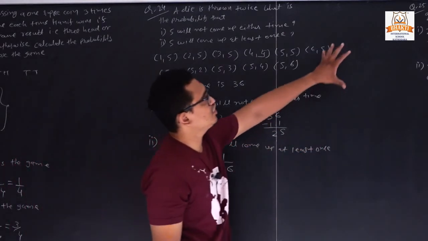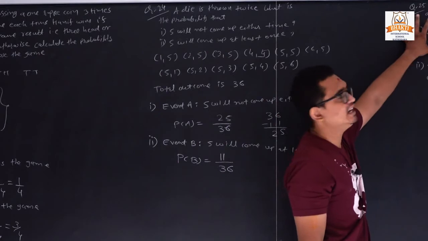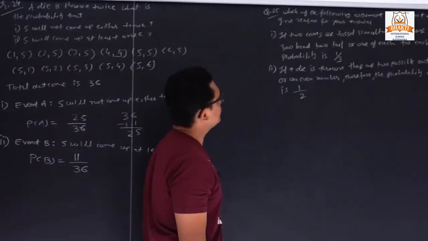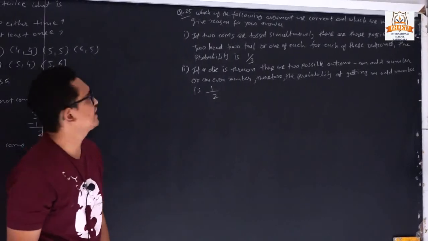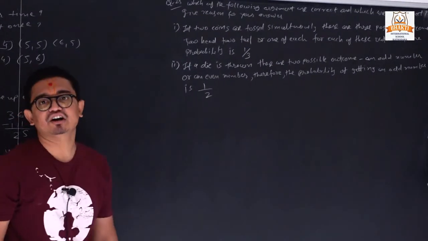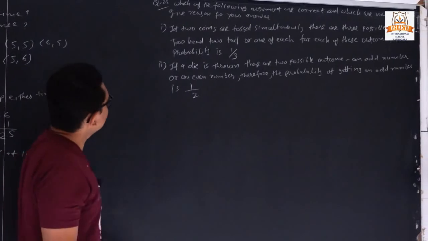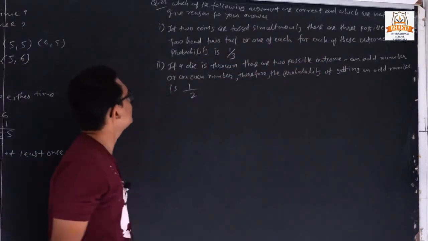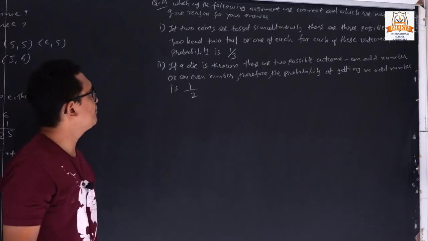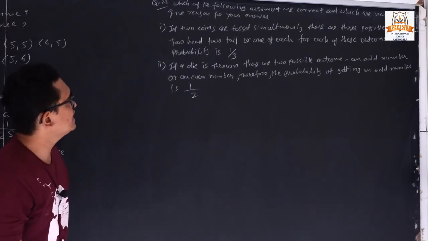Now the last question of this chapter, question number 25. Which of the following arguments are correct and which are not correct? Give the reason for your answer. If two coins are tossed simultaneously, there are three possible outcomes: 2 heads, 2 tails, or one of each. Forget this outcome.